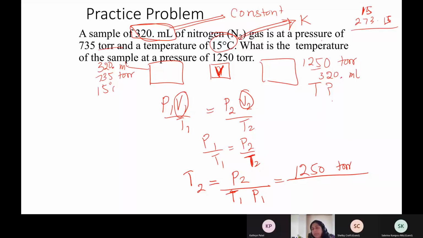So it will be 288 Kelvin times P1, 735 torr. I hope you will be able to solve this equation and find the answer.